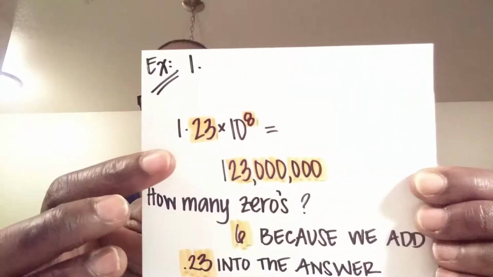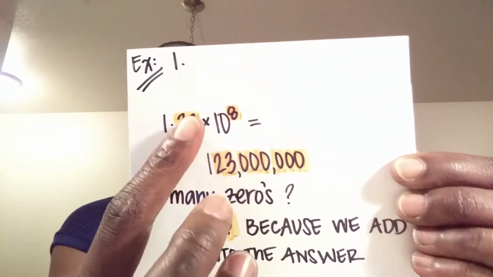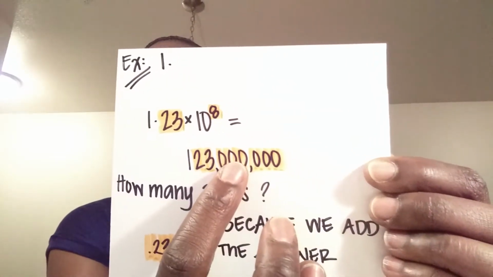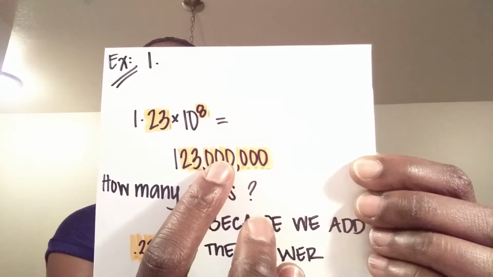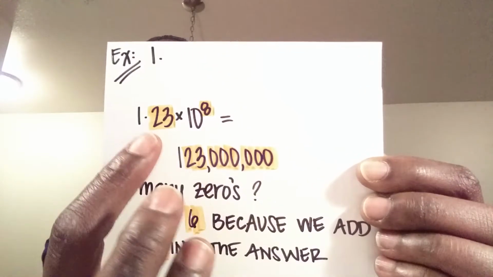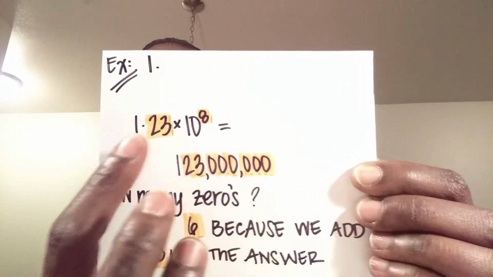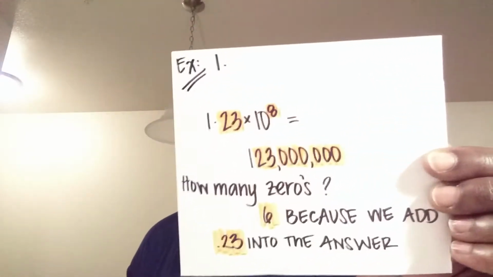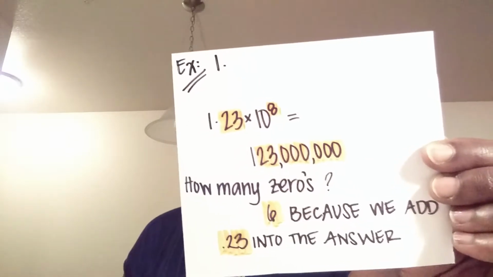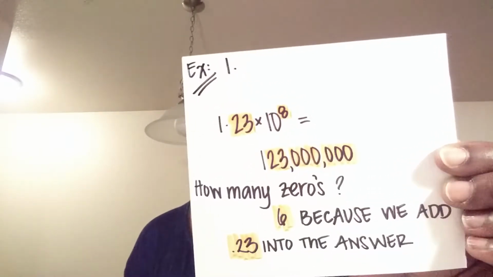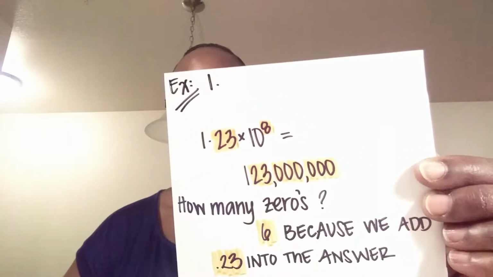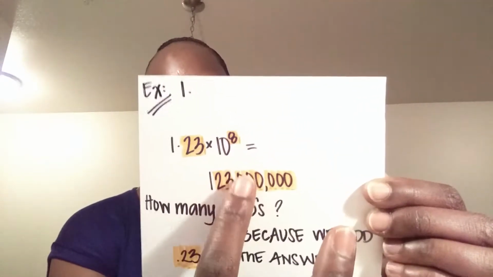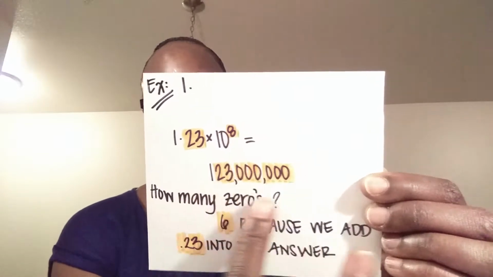See, 1.23 times 10 to the 8th. If you notice, we have 6 zeros here because we have to count the 2, 3 space because it's right before the point. Because we always want to make sure that our coefficients are greater than 1, less than 10. And that's how we'll be able to use the base 10 scientific notation for this long number.